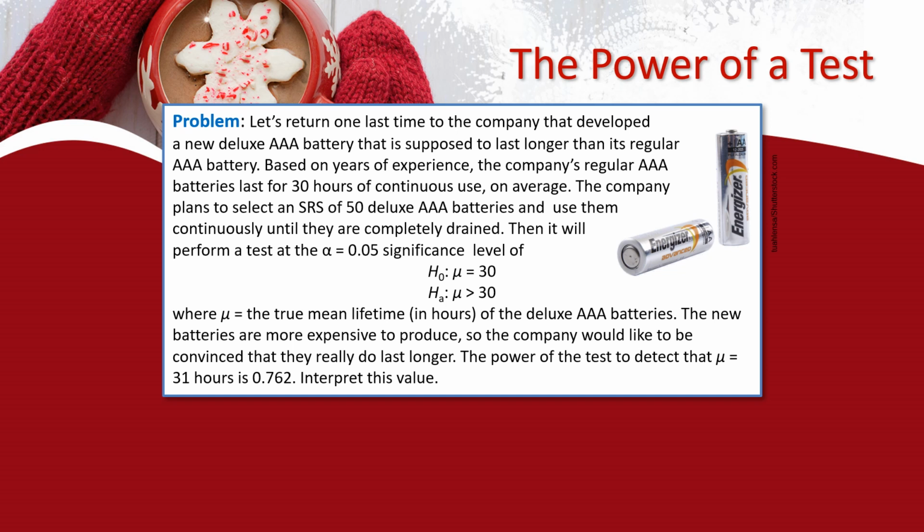When we're interpreting a value, we need to start with what the alternate is. They said the power of the test to detect the mean, think of it as the alternate mean, is that the mean is really 31 hours. So if the true mean is 31, then there's a 76% chance that the company would find convincing evidence for the mean being greater than 30.